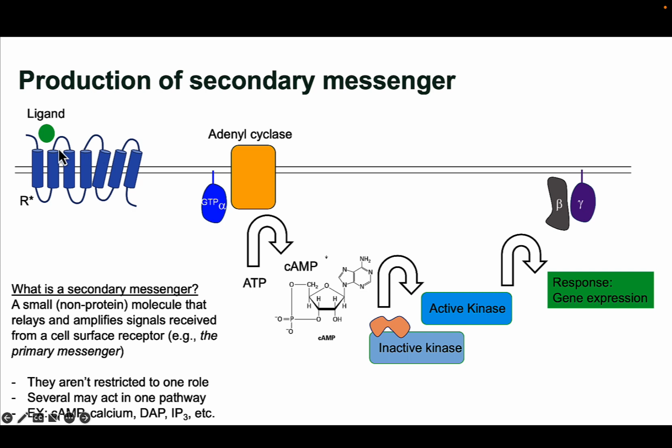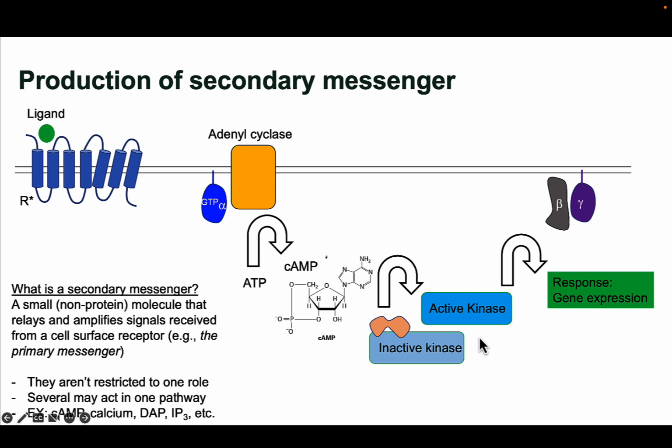And so we have a ligand causing a change in shape that facilitates the exchange of GDP for GTP, so that the trimeric G proteins break apart. This activates an enzyme that leads to the production of secondary messengers, including cyclic AMP. And cyclic AMP activates a kinase that leads to gene expression.